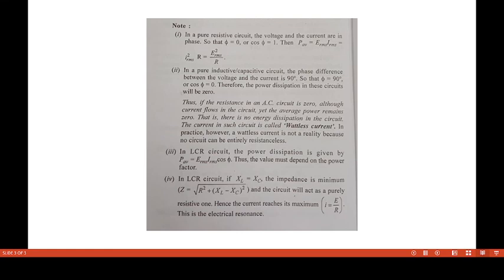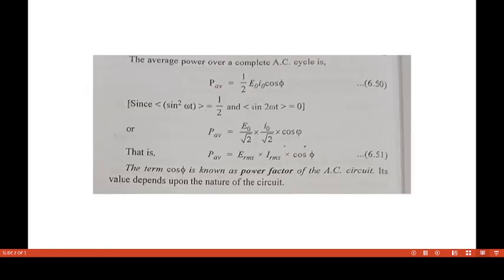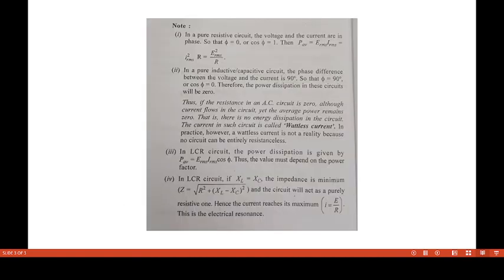Substituting that in the average power value, the cos phi term becomes 0, and then the average power also becomes 0. That is, the power dissipation in the circuit will be 0, as if the resistance of the AC circuit is 0, although current flows in the circuit.